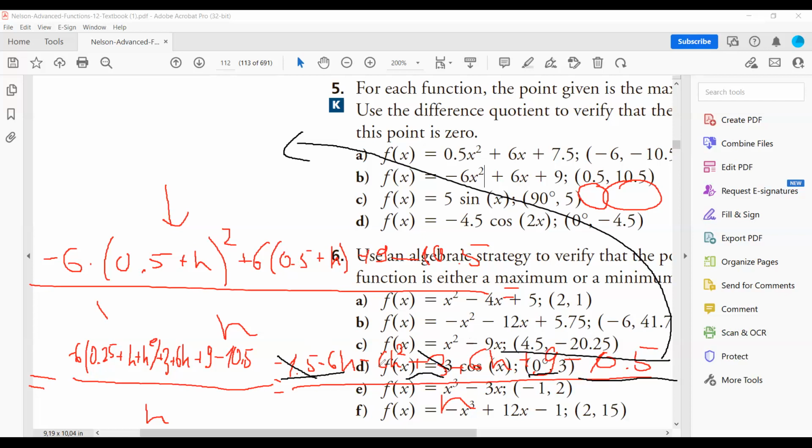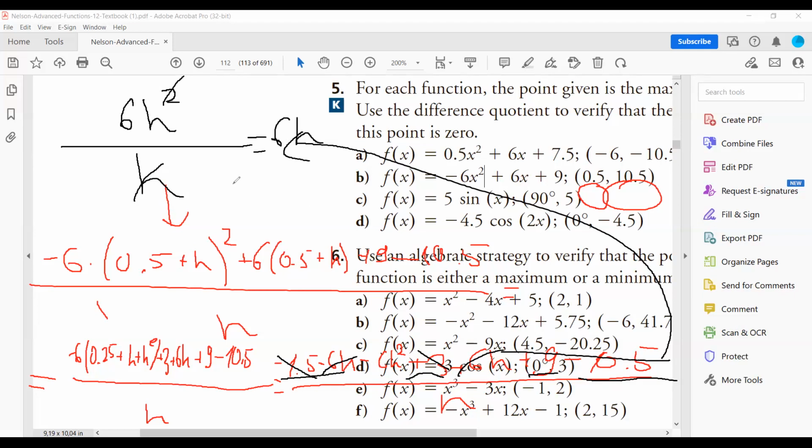So we're left with terms that have h in them. Negative 6h and plus 6h, we cross them out as well because they simplify. And everything we're left with is 6h squared, divided by h. If we simplify it, we get 6h.